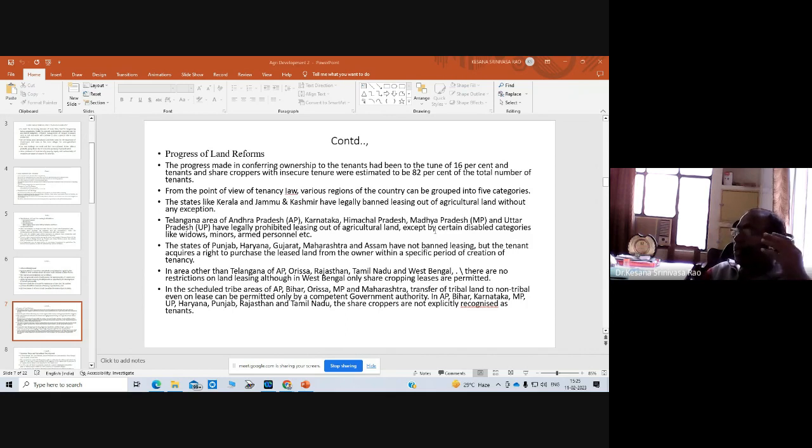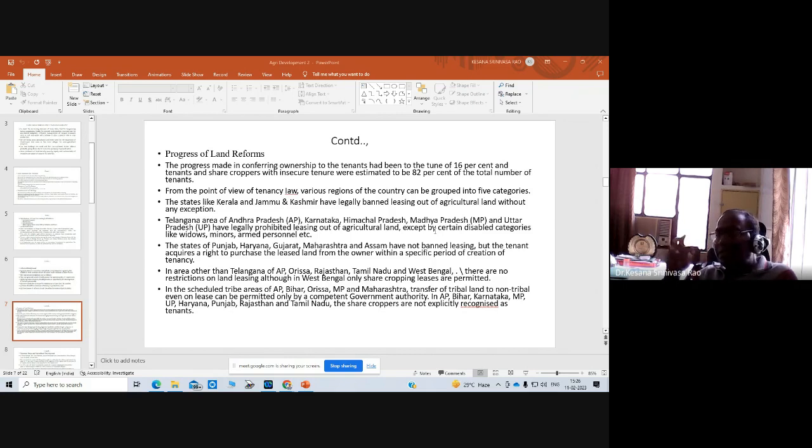Insecure tenure means a landlord gives the land to another farmer. That is called tenancy. Today, if you are giving a good amount of return to him, then he will continue you as the tiller of that soil. If you are not giving proper output to the landowner, he may change; the land can be given to another person, and he may give the land rent to the owner.